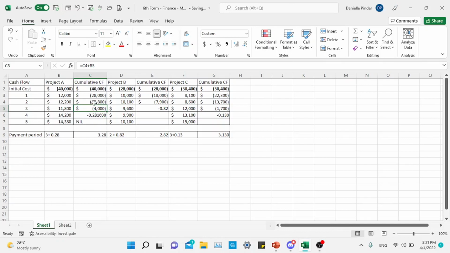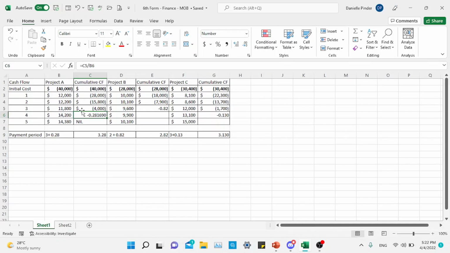So when I subtract the 11,800 from the increased cash flow, from the 15,000 that I have remaining to retrieve, I would have just 4,000 left to retrieve.